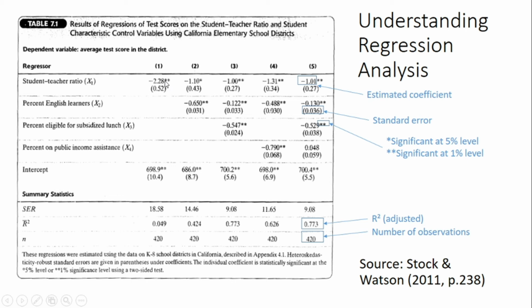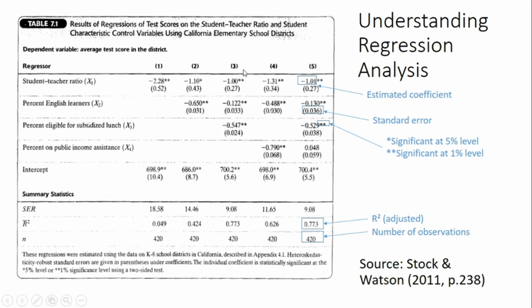And that's what these little stars mean here. You see in the footnote here, if it's got 1 star, then it's significant at the 5% level. And if it's got 2 stars, it's statistically significant at the 1% level. So the more stars, the more reason we have to see this as a reasonable estimate.